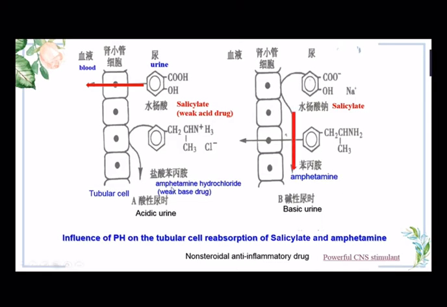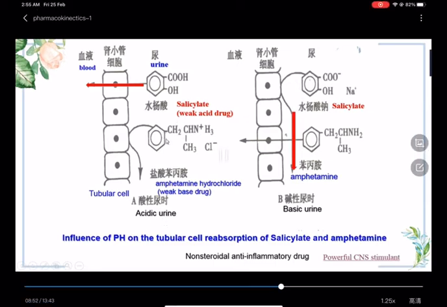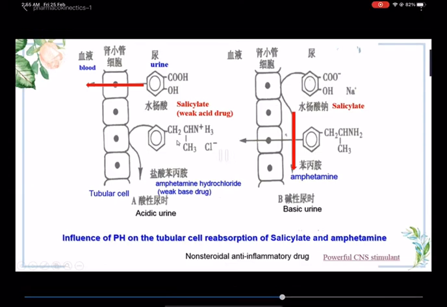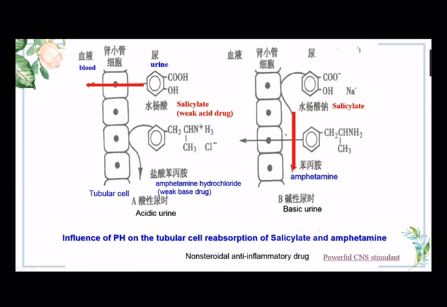For amphetamine, when they are in acidic urine, more of the drugs are in ionized form. They do not penetrate the cell membranes easily and are not absorbed. They are easier to be excreted. When they are in basic urine, more of the drugs are in non-ionized form. They pass through the membranes more easily and are absorbed.